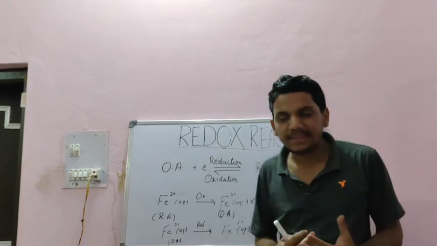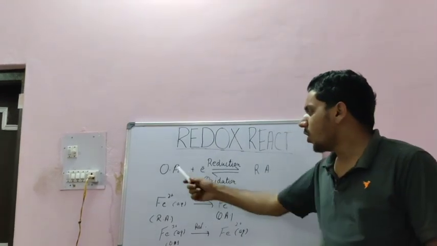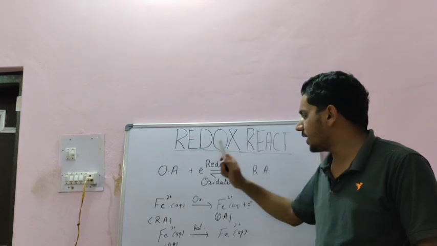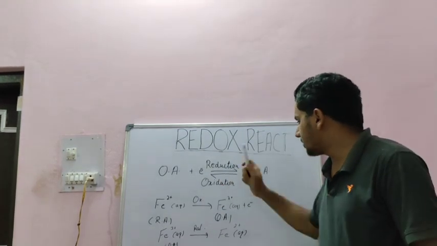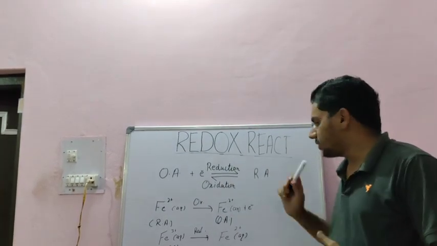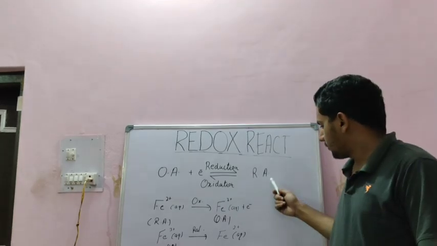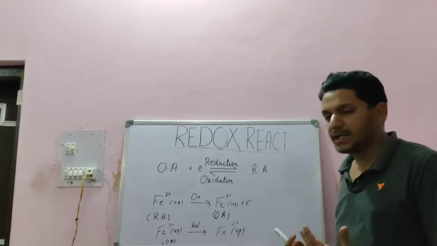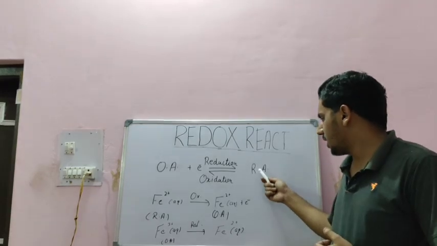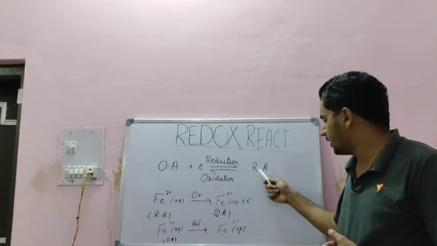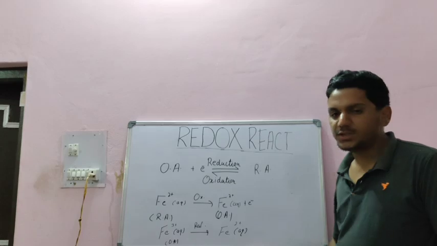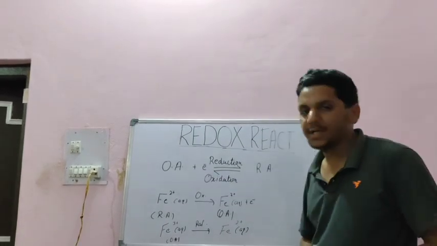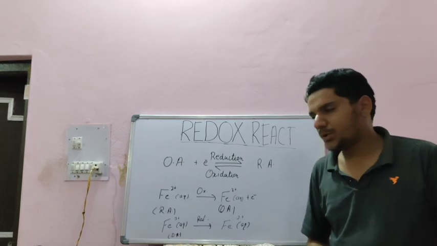As you can see, oxidizing agents after accepting an electron undergo reduction and form reducing agents. This is for the forward reaction, and similarly for the backward reaction, reducing agents undergo oxidation by releasing an electron and form oxidizing agents. This is a reversible process.